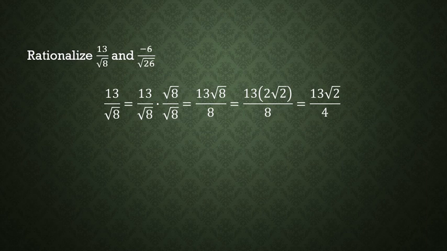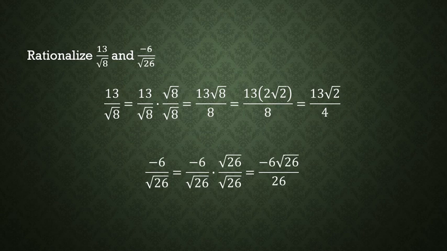Now we're going to go on to our next one. Now we're going to do negative 6 divided by the square root of 26. And we're going to do the same thing, multiply on top and bottom by that radical there. So that gives us negative 6 times the square root of 26 divided by 26.